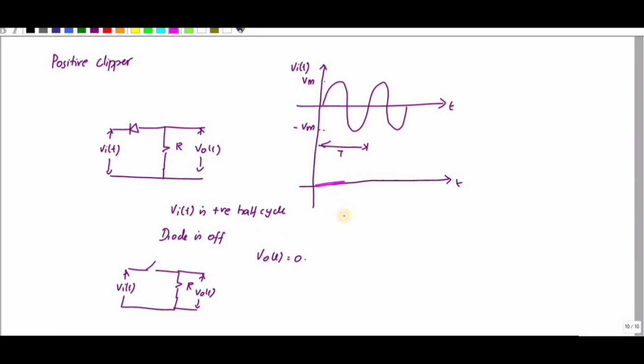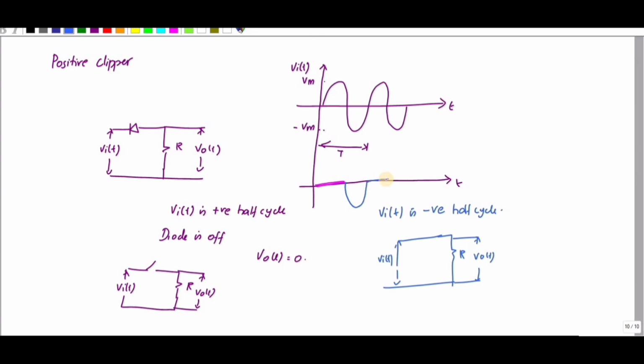What happens during the negative half cycle? The diode is forward biased, so the entire Vi(t) will reach the output, that is V0(t). Whatever the value here will come exactly like this.